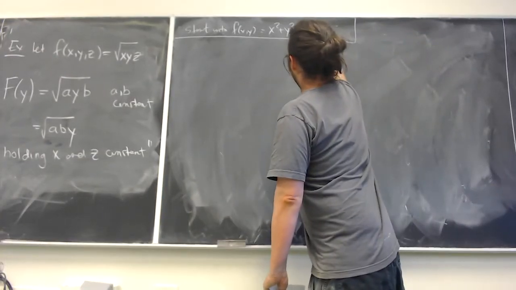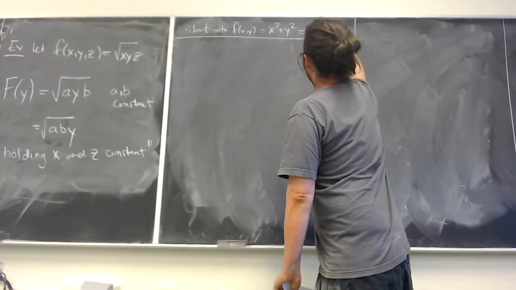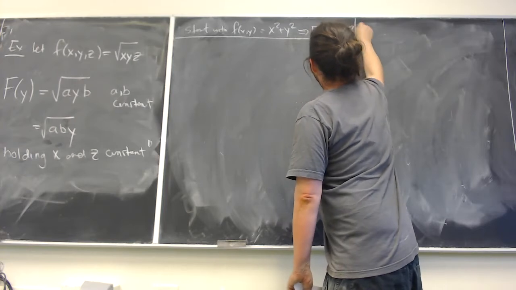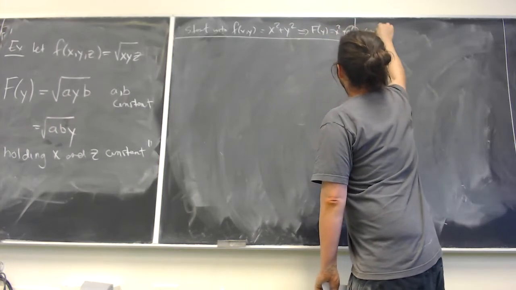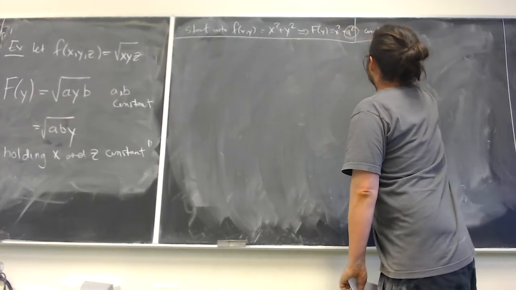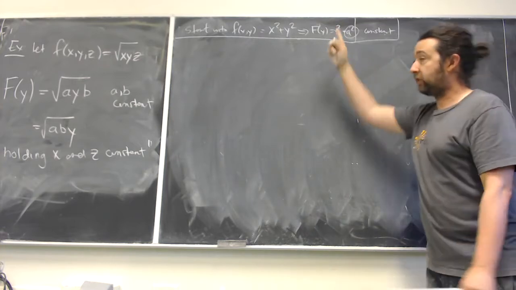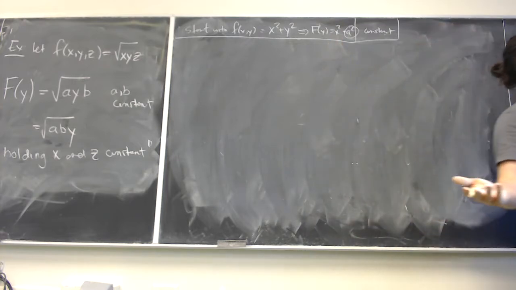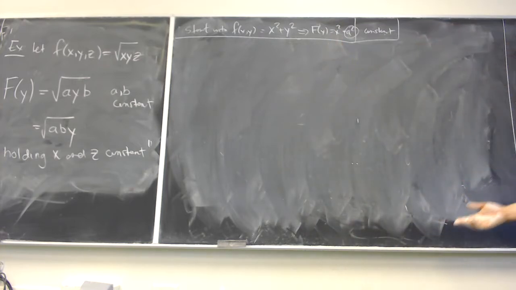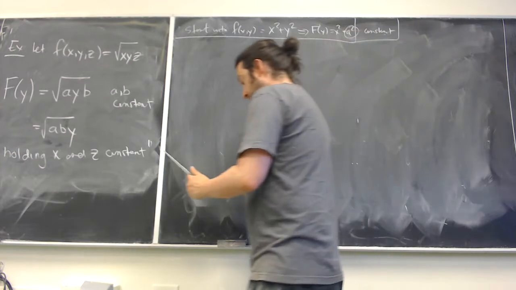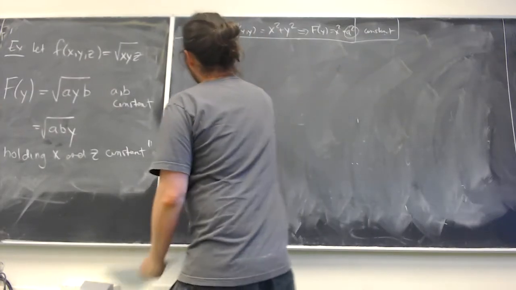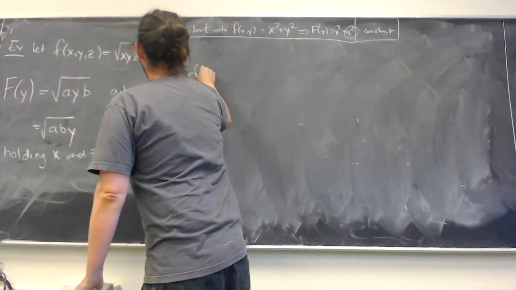And I create a function f of x, which is equal to x squared plus a squared, where a is constant. From two variables to one variable. And the reason for doing it is, if I have one variable functions, I can do one variable calculus to them. Okay, and that's actually how we're going to define what it means to be a partial derivative.